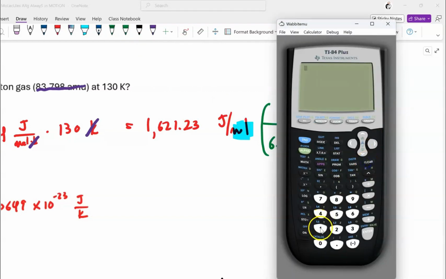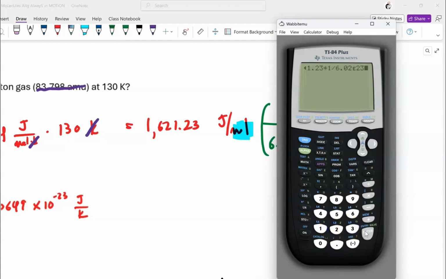Let's say 1621.23, and we'll multiply this by 1 mole, which is not necessary, and divide this by 6.02 times 10 to the 23rd.